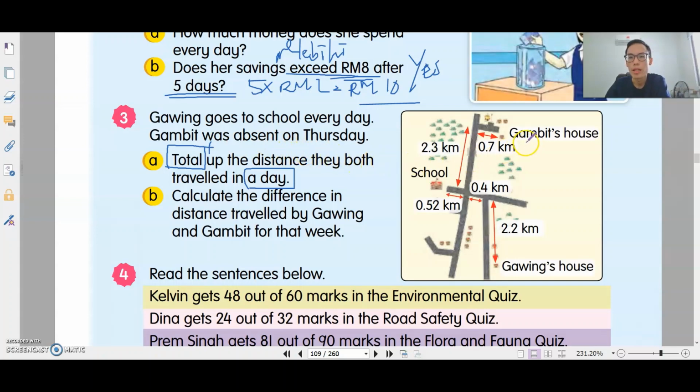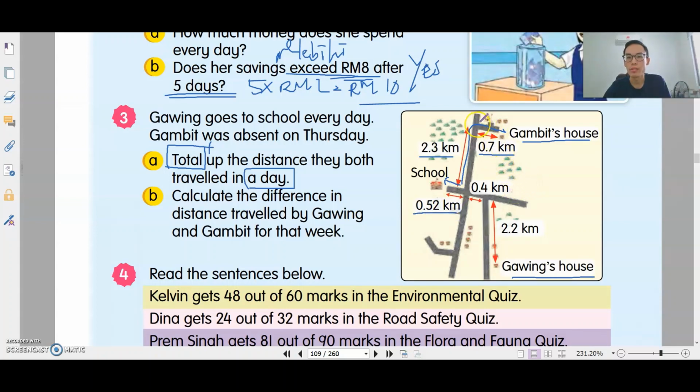Gambit's house is here, Going's house is here. Let's find Gambit's house distance to the school first. Over here is 0.7, and then to school 2.3 km, and over here 0.52 km.